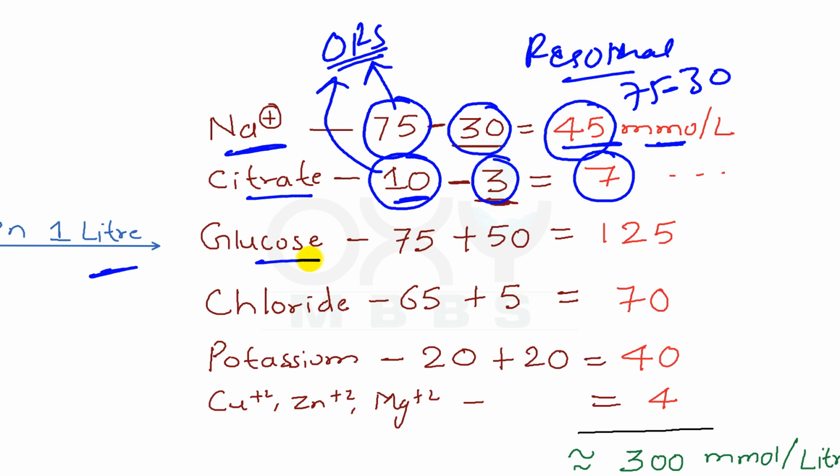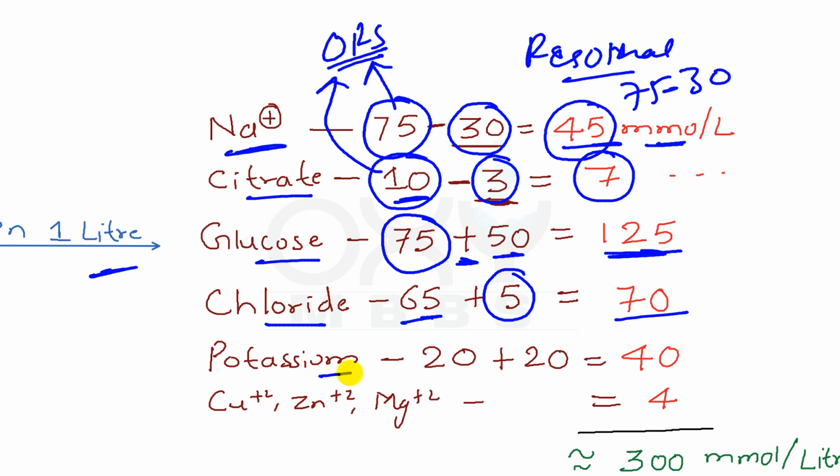Similarly for the glucose, as we are adding extra 50 grams glucose in the ReSoMal, we will add number 50 in the 75, so it becomes 125 millimoles per liter. Chloride 65, add number 5 here, so it becomes 70. For the potassium, add number 20, so it becomes 40, and the minerals are 4 millimoles per liter.